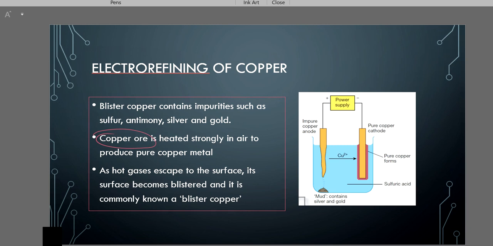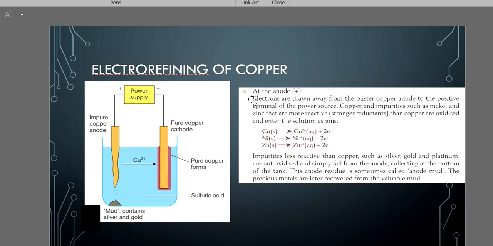So if we have a look at what is actually chemically going on here. Once again, we have our impure copper anode. This was what we started with, and this is undergoing oxidation at the anode.